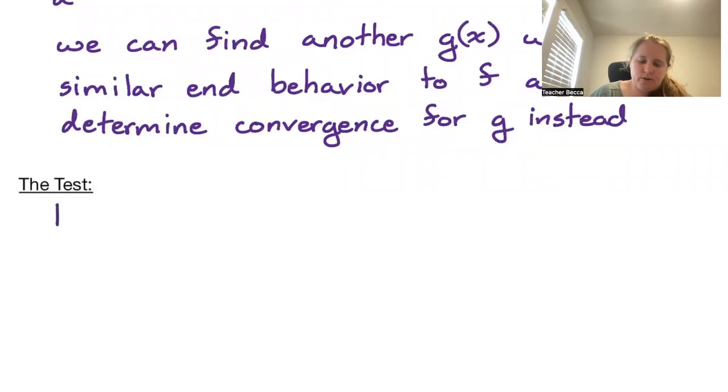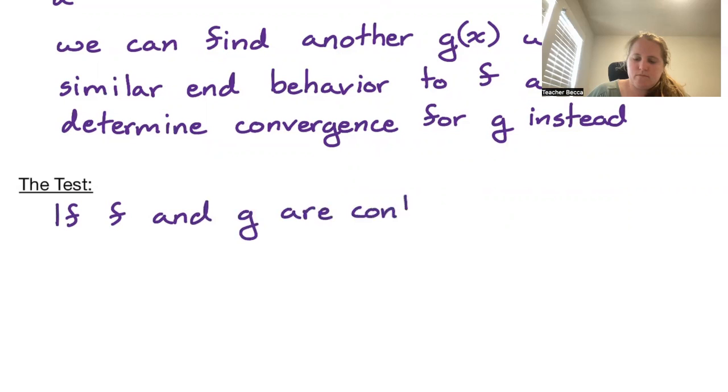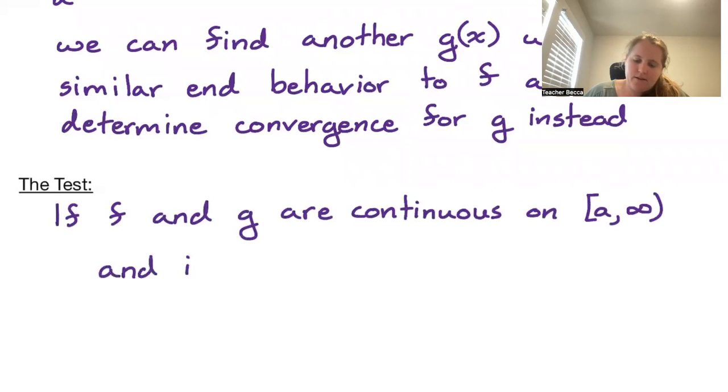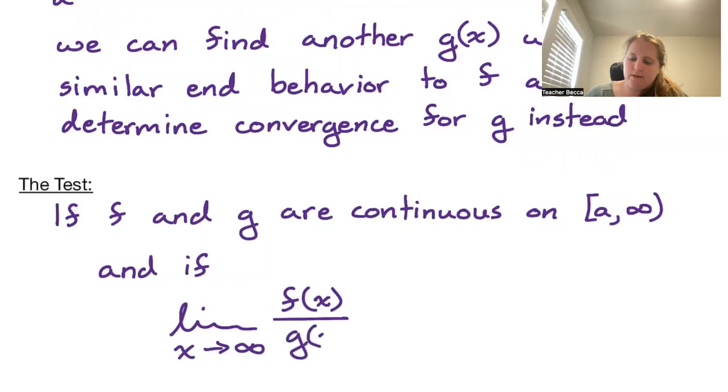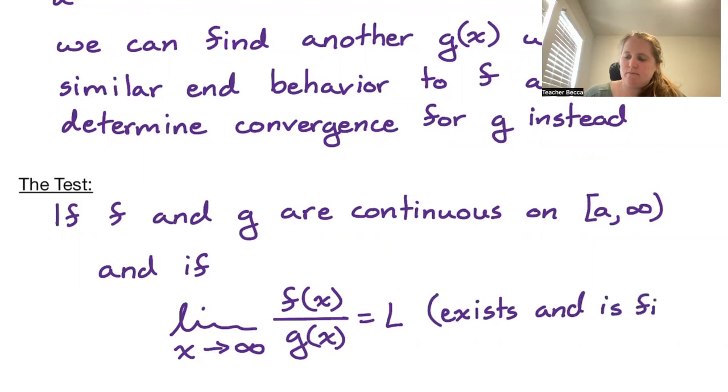If f and g are both continuous on the interval from a to infinity, where a is included, and if the limit as x goes to infinity of f of x over g of x is equal to L, in other words, it exists and is finite, then what this means is g essentially acts as a scalar multiple of f.